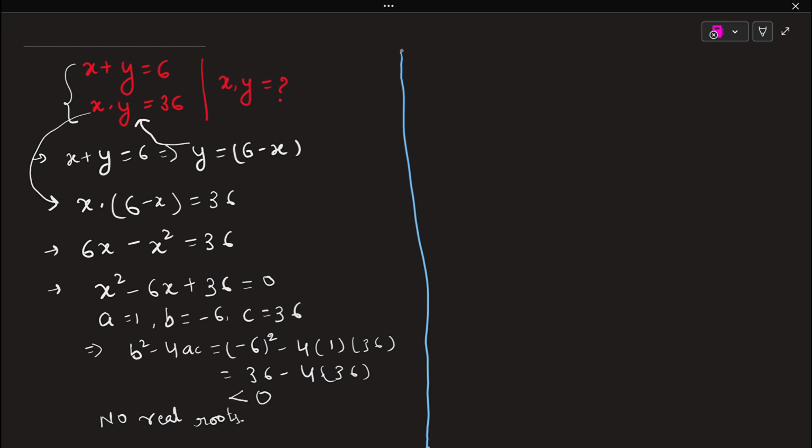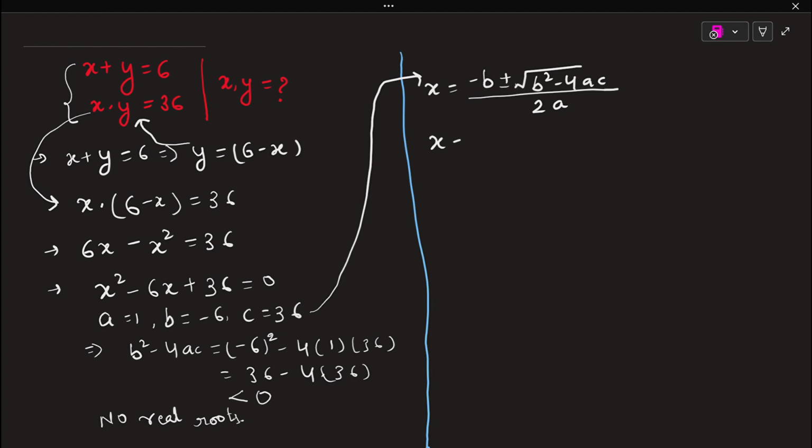So now we have to use the formula. x equals minus b plus minus square root of b squared minus 4ac, upon 2a.